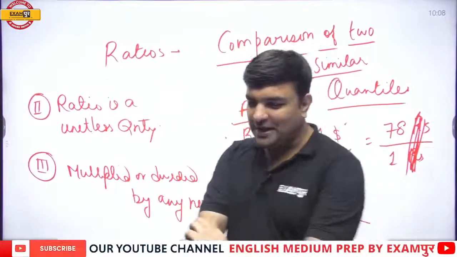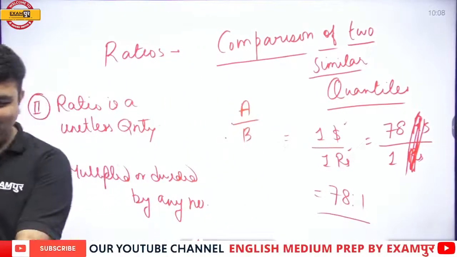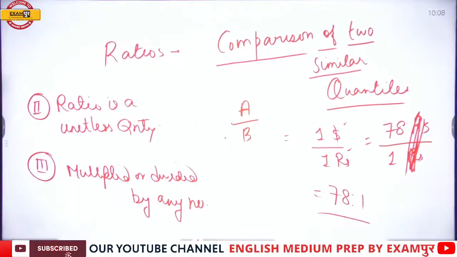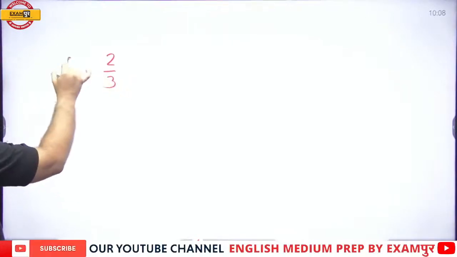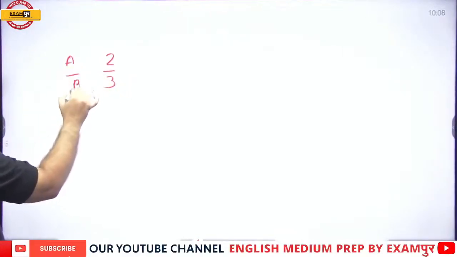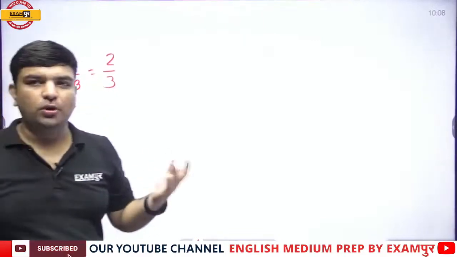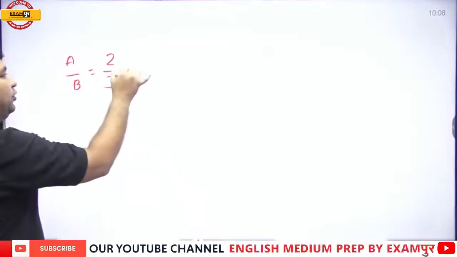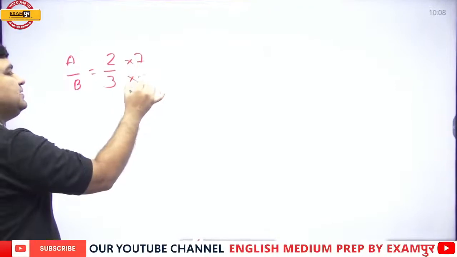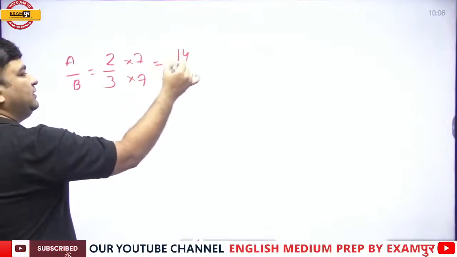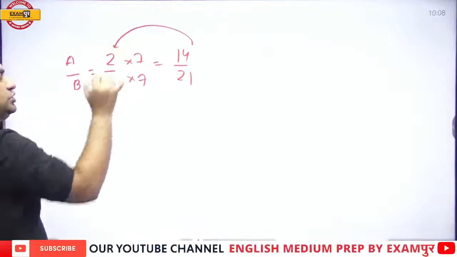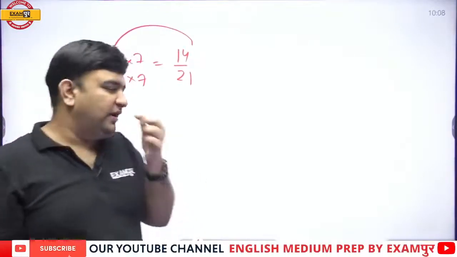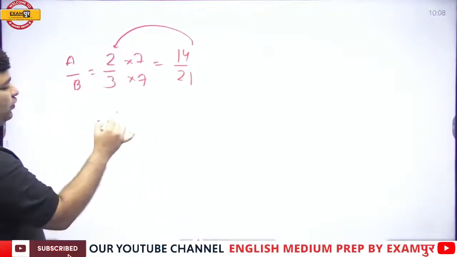Let me take some examples. Like 2:3 is the ratio of A:B. You can multiply both terms by 7, so it becomes 14:21. Again 2:3. You can divide it by any number, like 4:5.